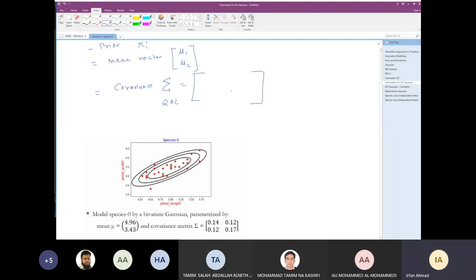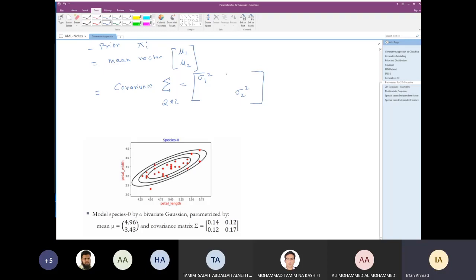What values do you have in the covariance matrix? The diagonal elements are the variances of each feature, right? So you are going to have the variance of the first feature, the variance of the second feature. But what about the non-diagonal items?